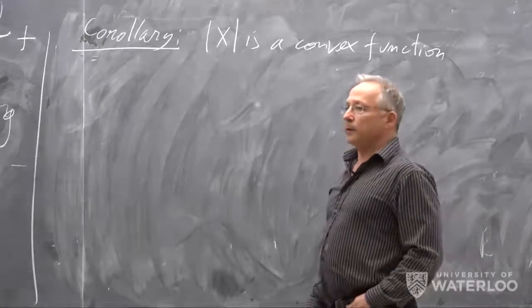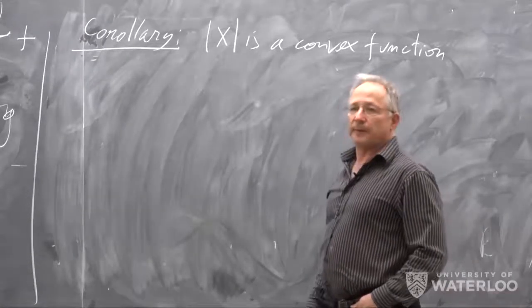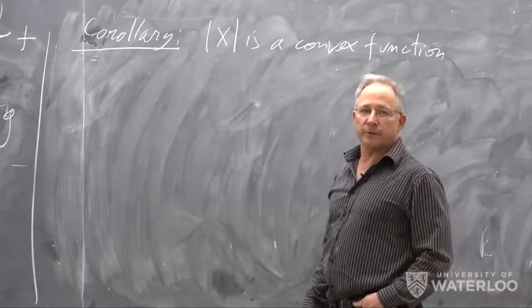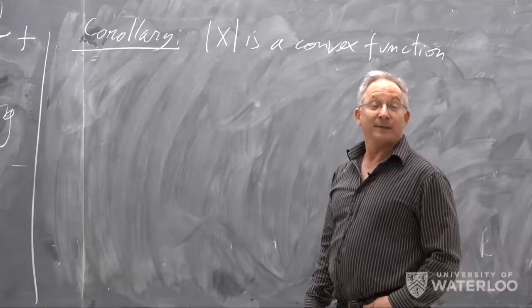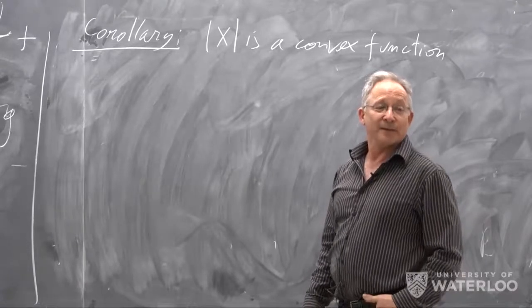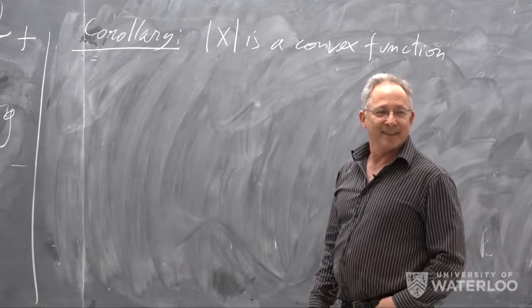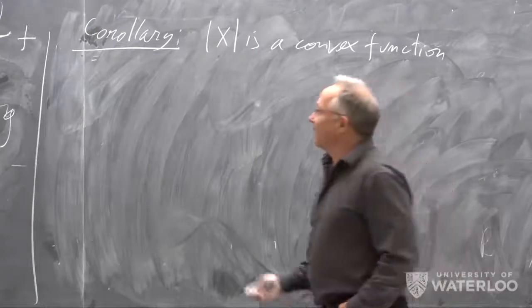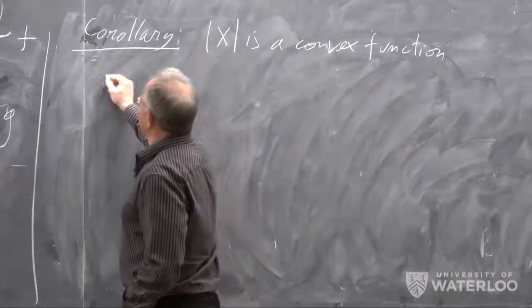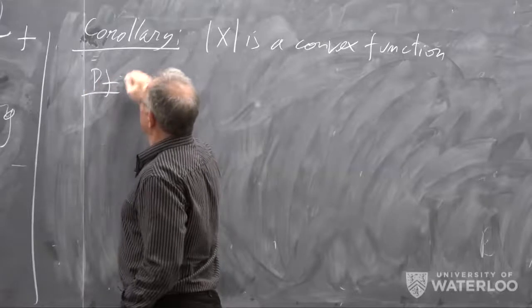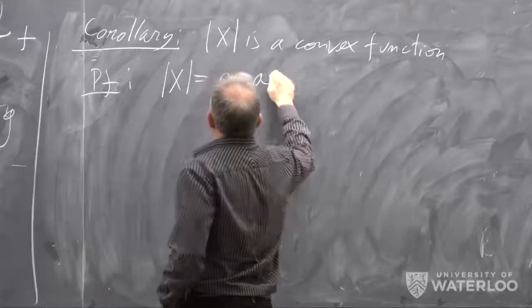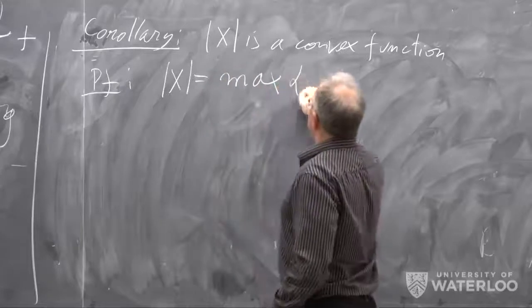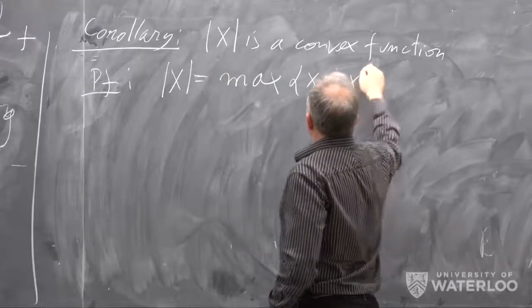How can I write absolute value as a maximum of two convex functions? Yes? Max of? What is f? Right. I mean, the proof is, since absolute value of x is just the maximum between two functions, x and minus x.